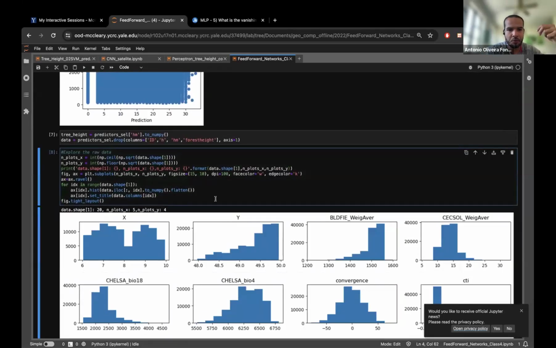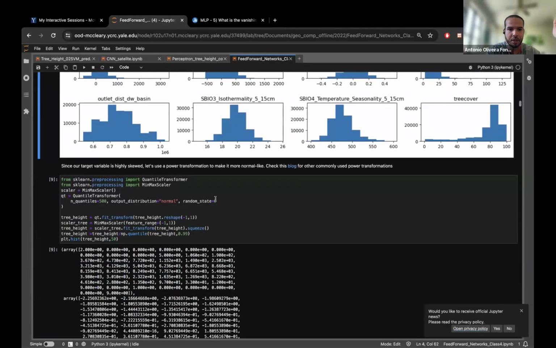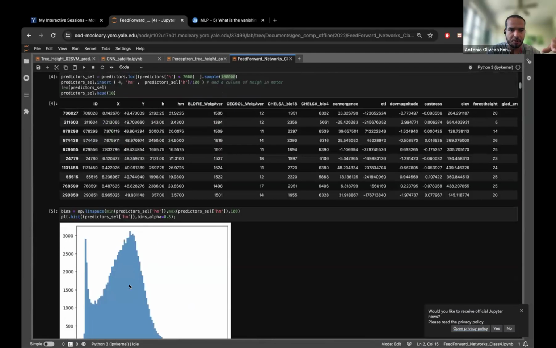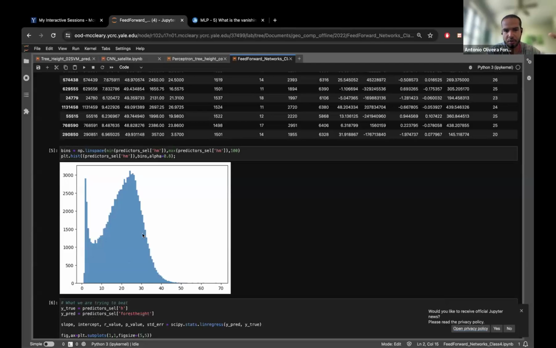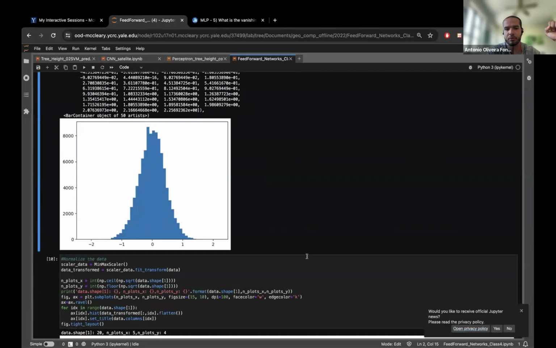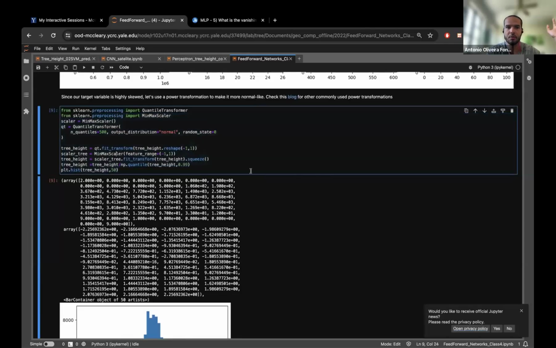Then we do this quick plot of the range of the features. We have discussed that it's always beneficial to have some degree of normalization, because our output was super skewed to lower values. As you can see here, it's nice to have something that looks like a normal distribution in the output. So I use a power transformation for that, which in my case is the quantile transformer with an output distribution that looks normal.